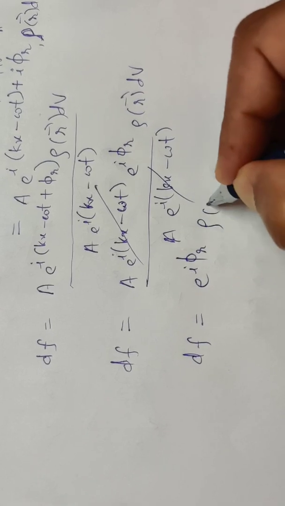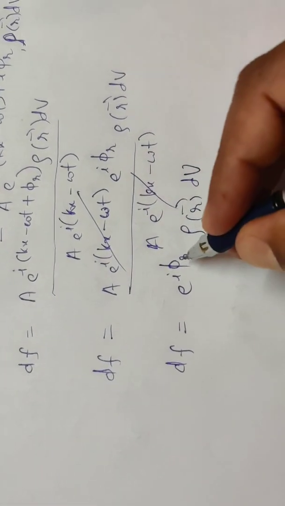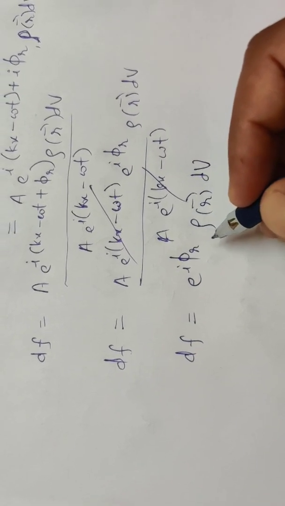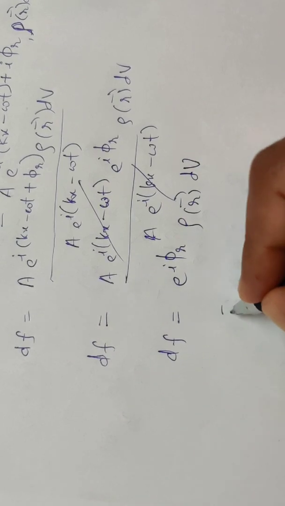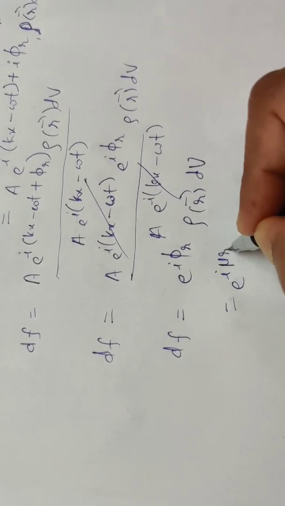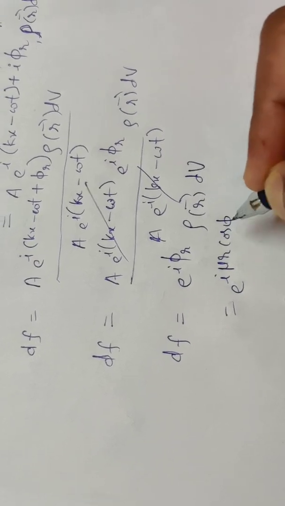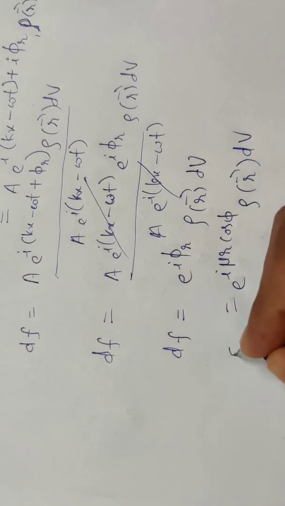This will be rho r dv, and if you put the value of phi r from equation 2, this will be e raised to iota mu r cos phi into rho r dv.